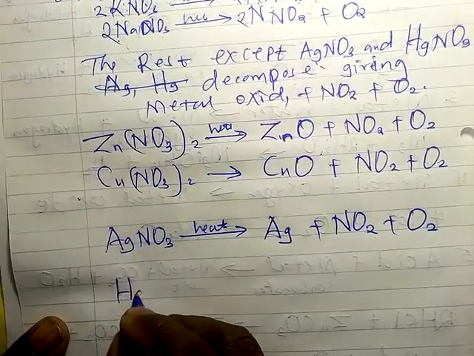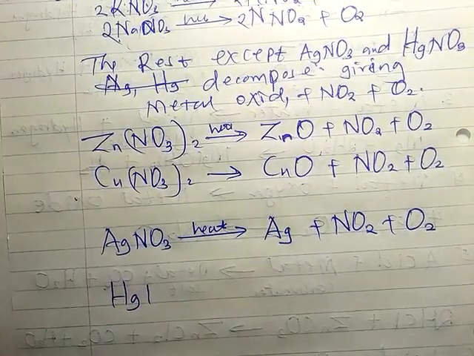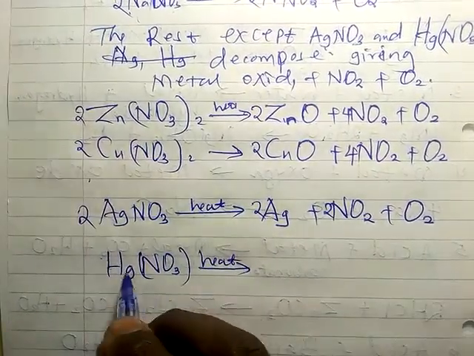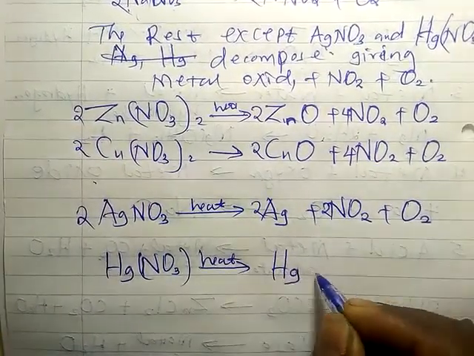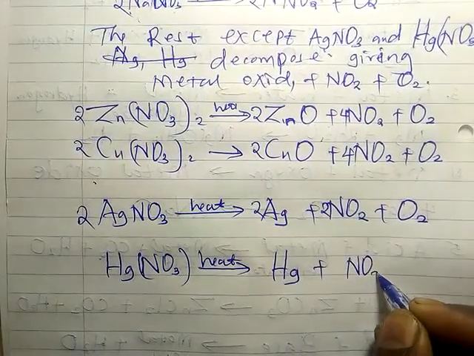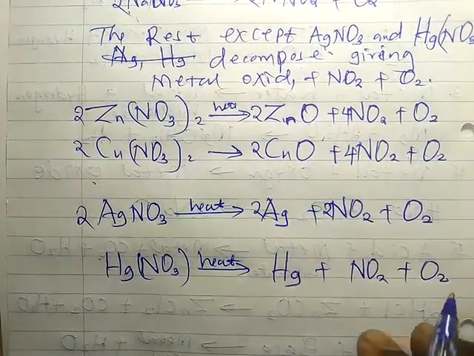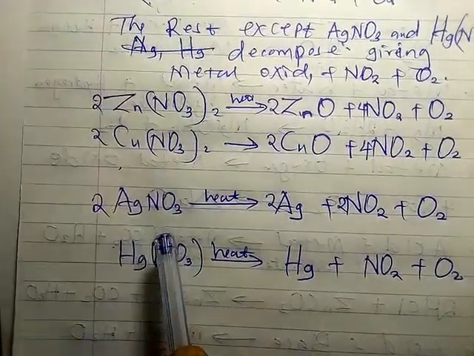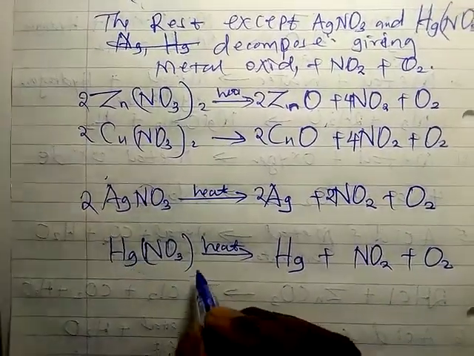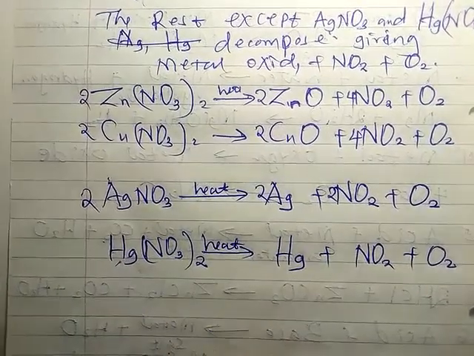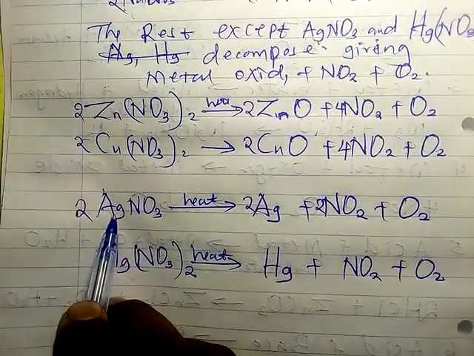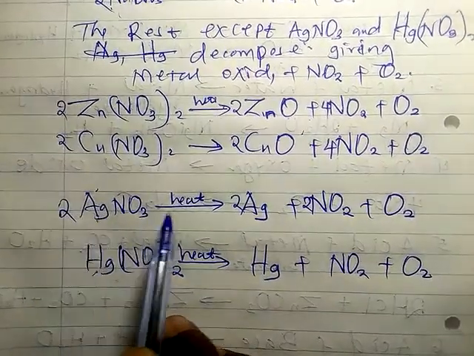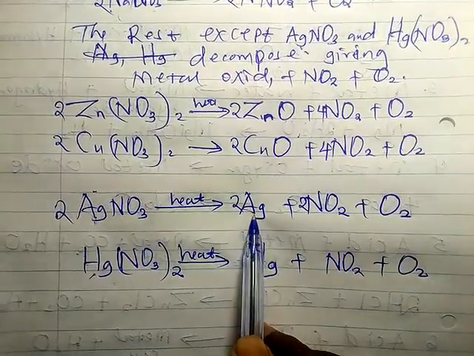Mercury nitrate will decompose when heated to give you mercury itself plus nitrogen 4 oxide plus oxygen. You should know that mercury nitrate has a valence of 2. Silver is valence 1. It gives a metal. Silver will give you silver, which is a metal.